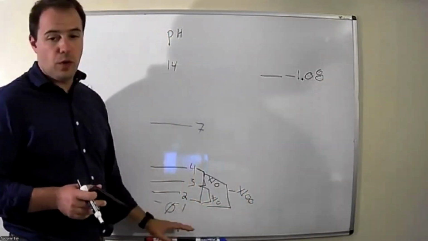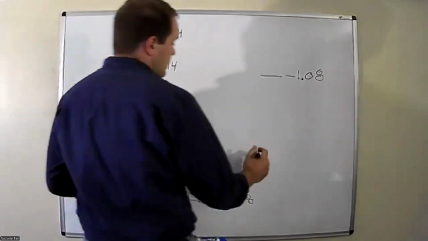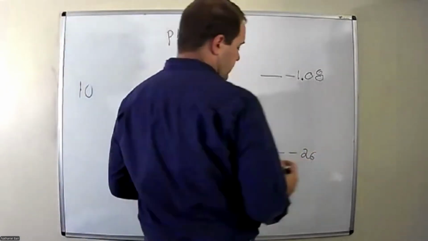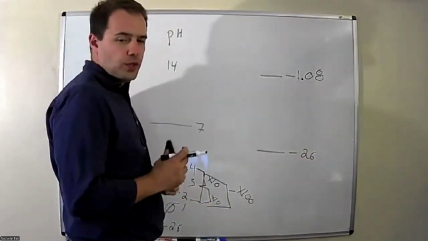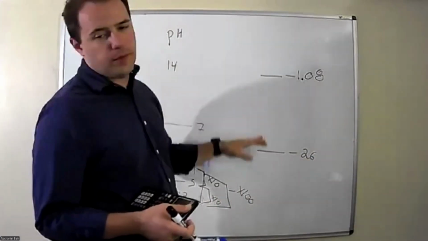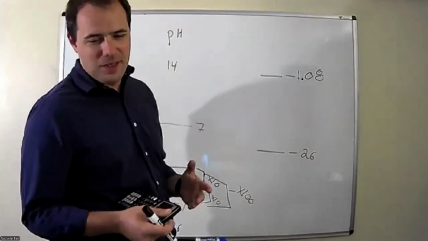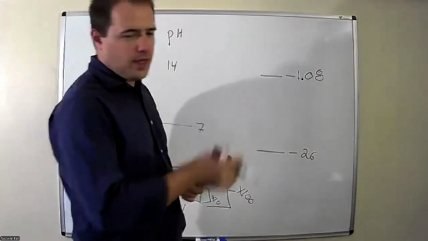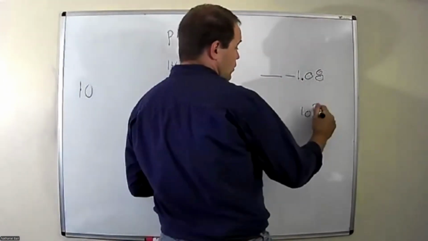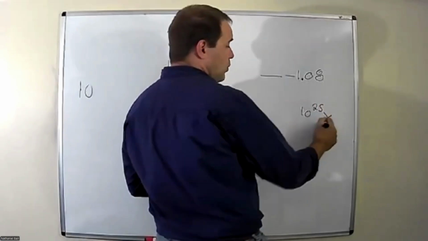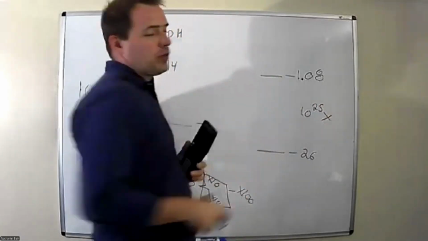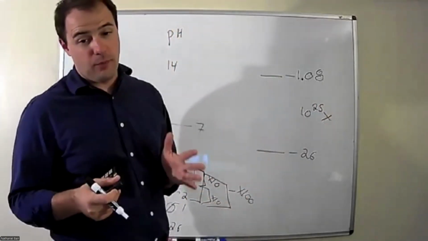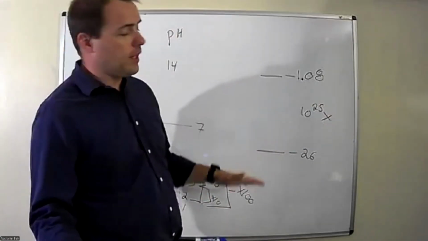So you can see it's below 0. Fluoroantimonic acid is negative 26. At first, it looks like fluoroantimonic acid is 25 times more acidic, but it's not. It's a logarithmic scale, so it's 10 to the 25 times more acidic than concentrated hydrochloric acid, which would mess your day up real bad. Fluoroantimonic acid is scary.